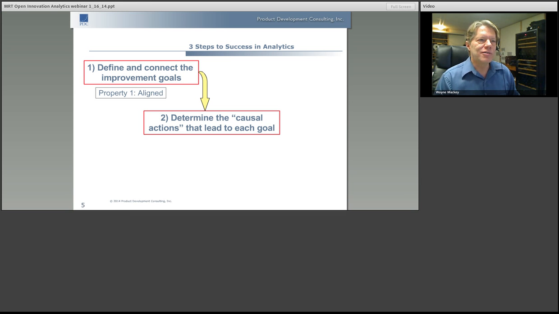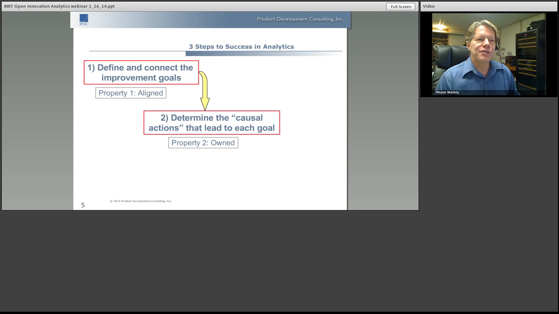And so the causal actions are the things that you're already measuring in your head, and looking at those and gathering the experience of the organization on those actually gives us great insight into the right metrics and therefore analytics. Now, the reason the property associated with this is that it's owned is that we're counting on the experience of the organization itself.